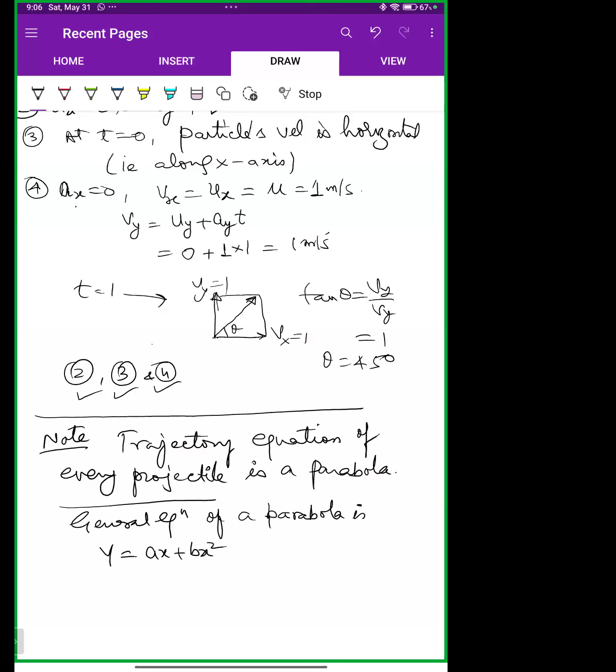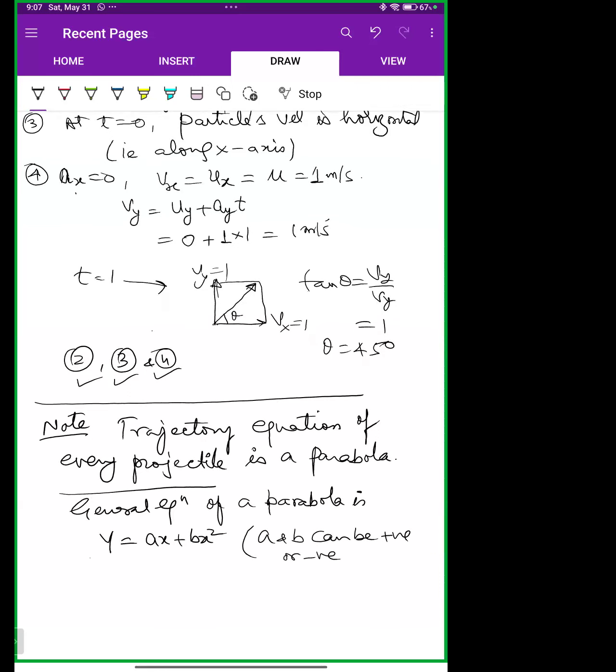It could be x plus or minus b. A and B can be positive or negative, or both. So A could be positive, B could be negative, like that. This is the general equation. Our equation is y is equal to x tan theta minus gx square by 2u square cos square theta.